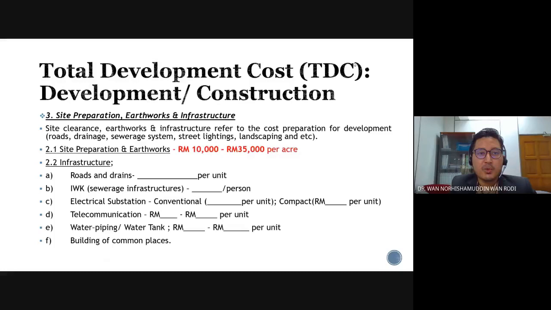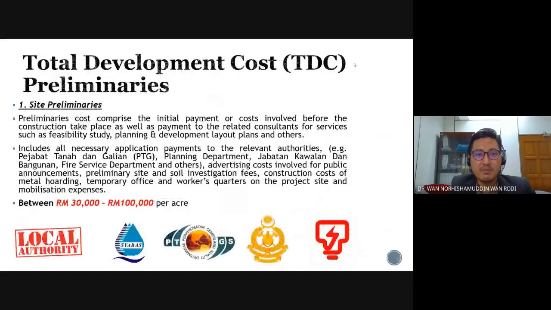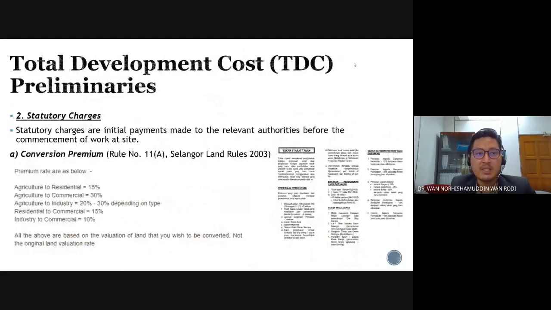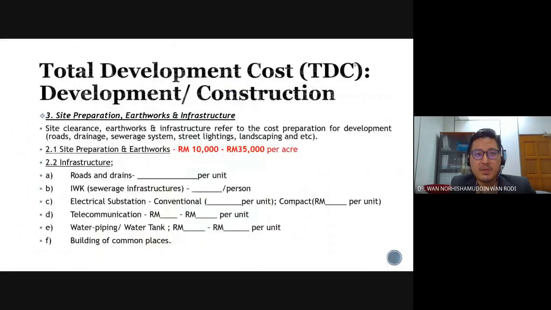Okay, the third one would be the site preparation, work and infrastructure. Prior to the site preparation, we have the preliminary costs. So let us look back. The preliminary costs involve the site preliminaries and statutory charges. Okay, the next one would be the site preparation, work and infrastructure.